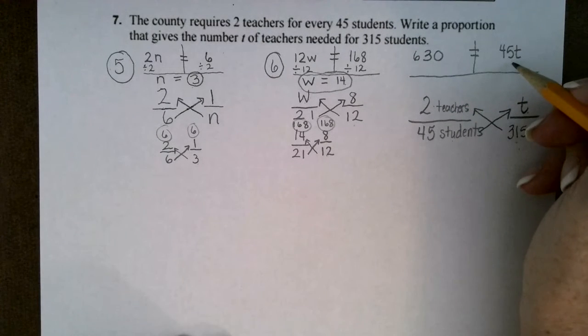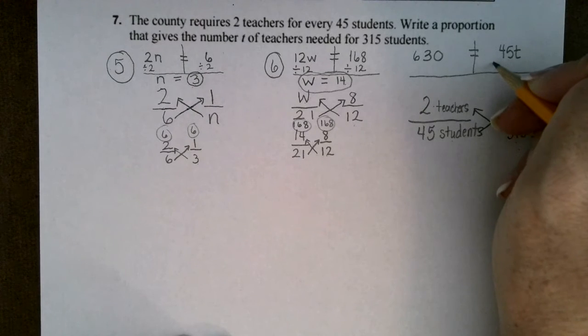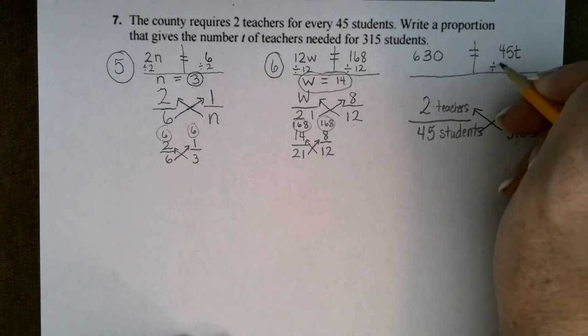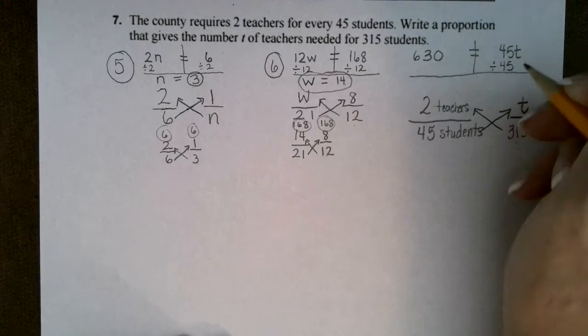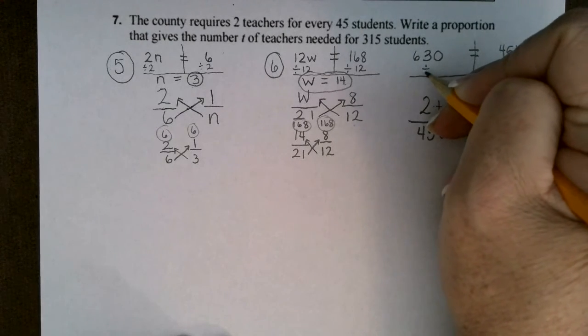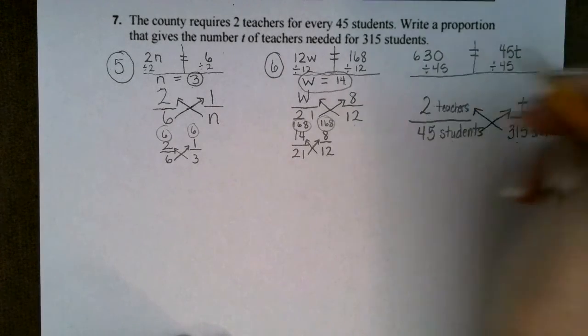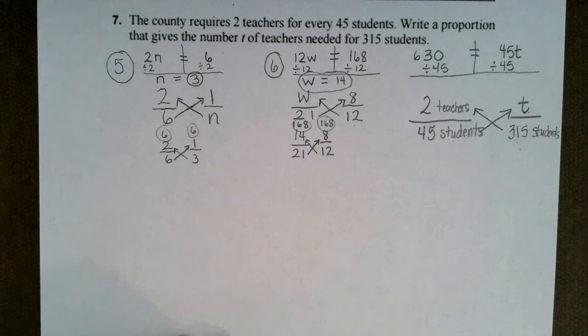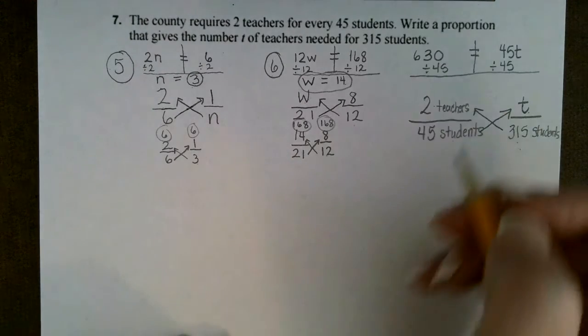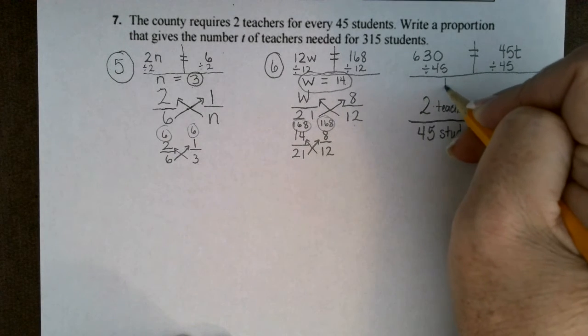So then I split it. I'm trying to get the T by itself, so I only want one T, not 45, so I have to divide by 45. And I have to divide by 45 on this side. So I have 630 divided by 45, which is 14.